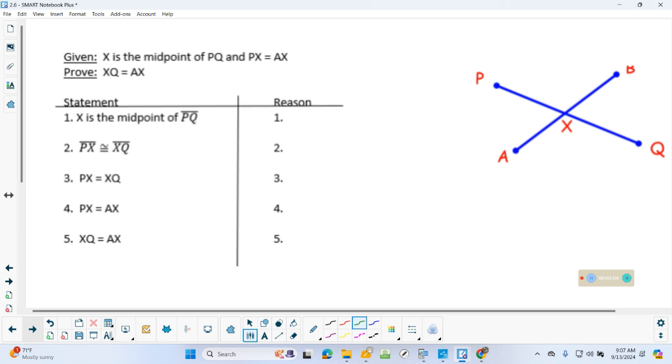X is the midpoint of PQ, and PX equals AX. Okay, so they filled in the left side. Clearly, we're doing the right side. Now, rarely does this happen, but I wanted to do this proof with you to show you that sometimes weird things happen when they do the fill-ins. I see they've got X is the midpoint of PQ as given. Now, this bothers me personally.